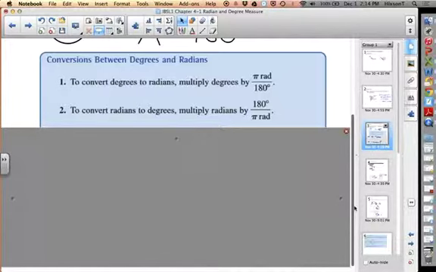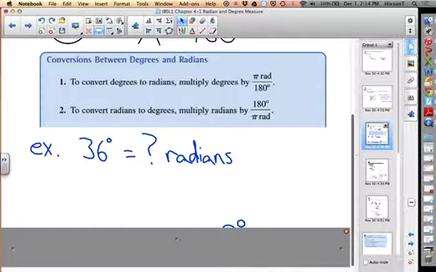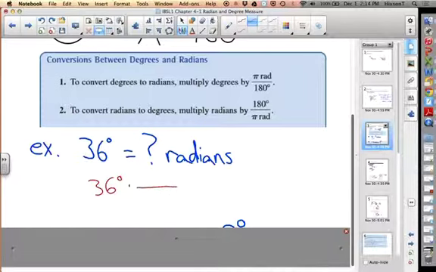Let's do an example or two, and I think this will make better sense. If I wanted to convert 36 degrees to radians, I would take the number of degrees, 36, and since I want to convert to radians, I want the radians in the numerator of my fraction. I'm going to multiply by a fraction. The conversion is pi radians is equal to 180 degrees.